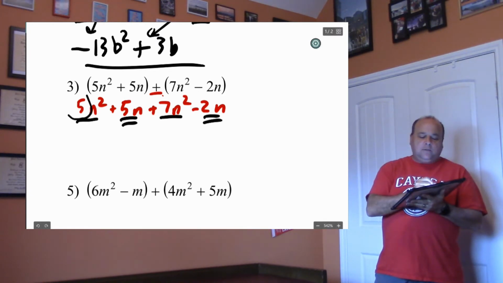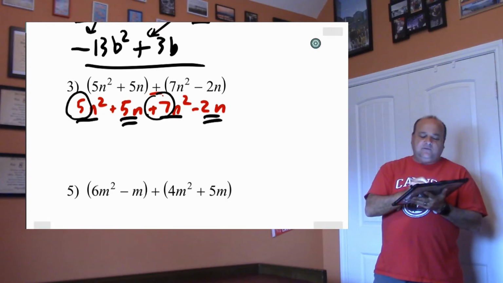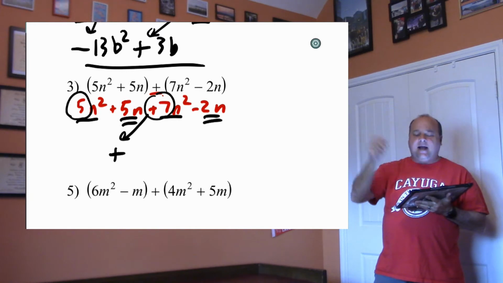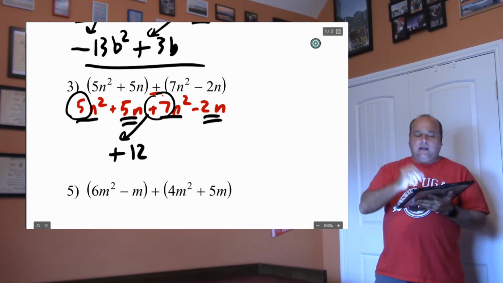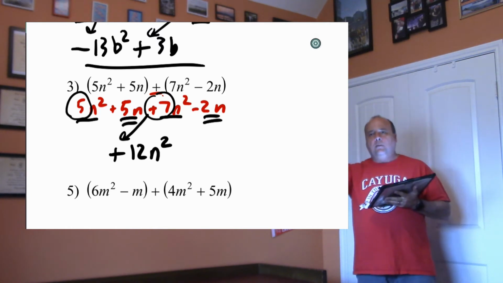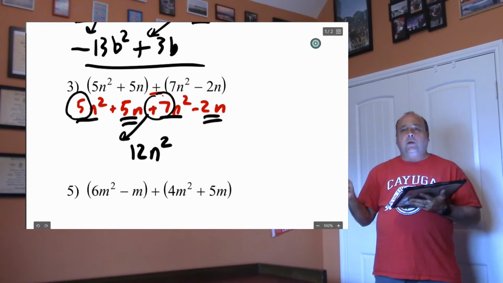On this one, I'm going to group the 5 and the plus 7. I got more 7s than 5s, so the plus drops. 5 and 7 have the same sign, so I'm going to add them up and get 12. My letter is n, my exponent's 2. Sign, number, letter, exponent. And you don't start the answer off with a plus, do you?